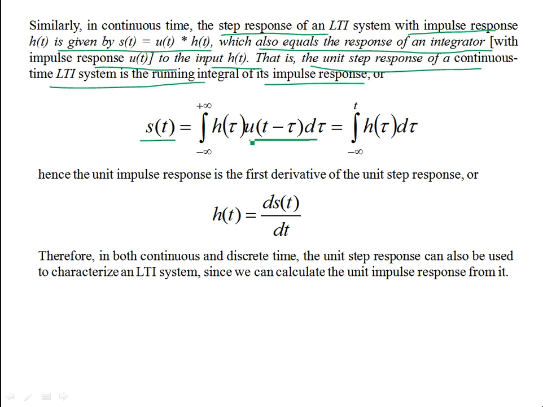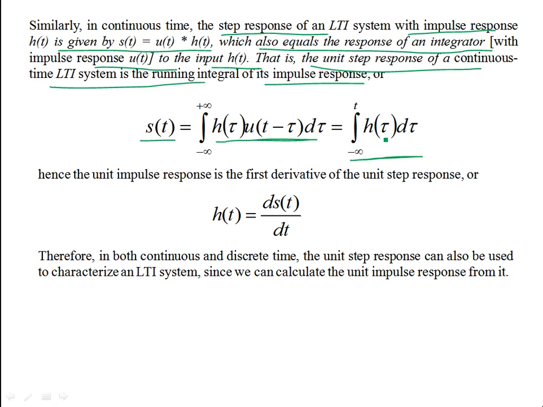It can be flipped and time reversed to produce a convolution integral. Again you change the limits from minus infinity to t, where u(t minus tau) is unity, and therefore this is simply a running integration of the impulse response from minus infinity to t.